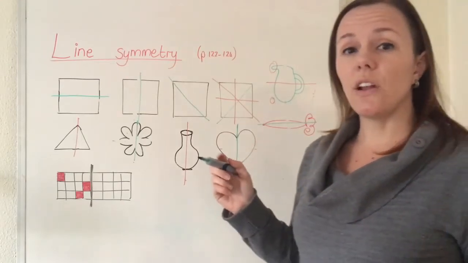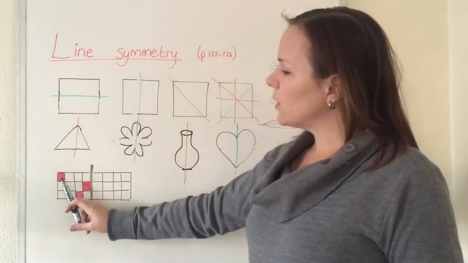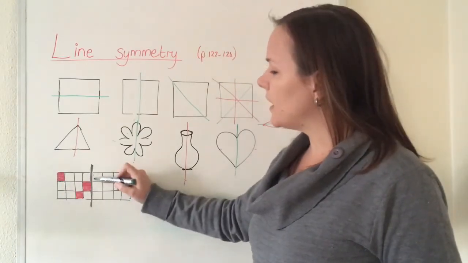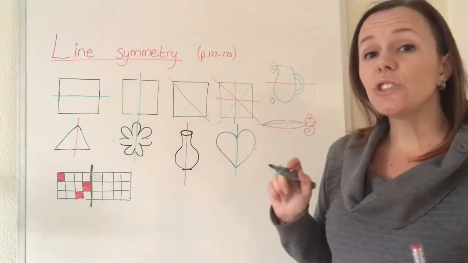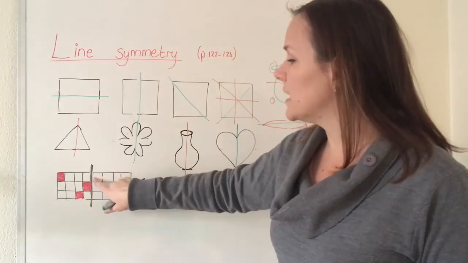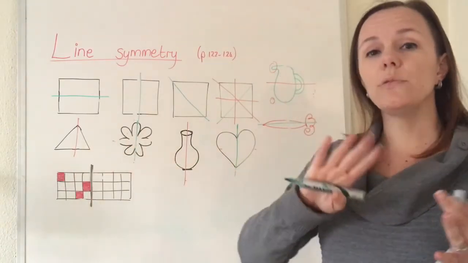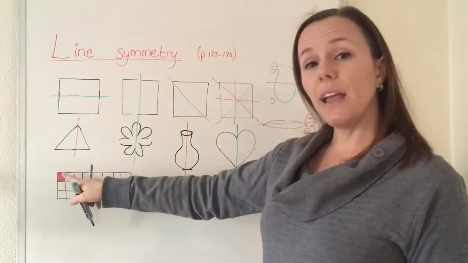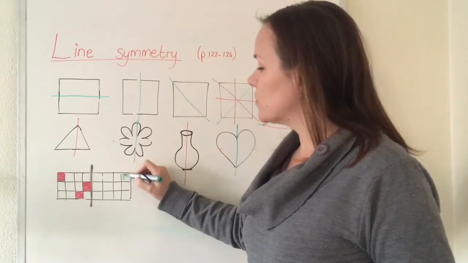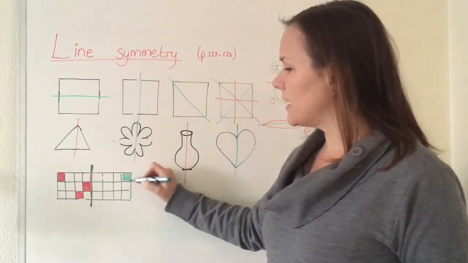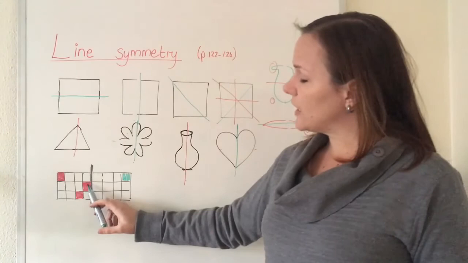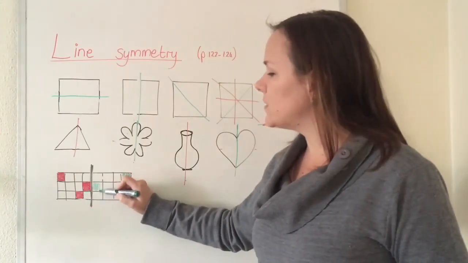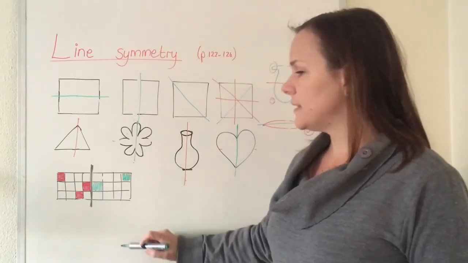So a mistake that a lot of kids make is they'll look over there and see, oh, that's top left, that's colored in, so let me color in top left. But that's not right, because I'm not drawing the exact same thing over, I'm drawing the mirror image or the reflection. So if it's top left on that side, it must be top right on this side. If this block is next to the line on the left, then it must also be next to the line on the right.